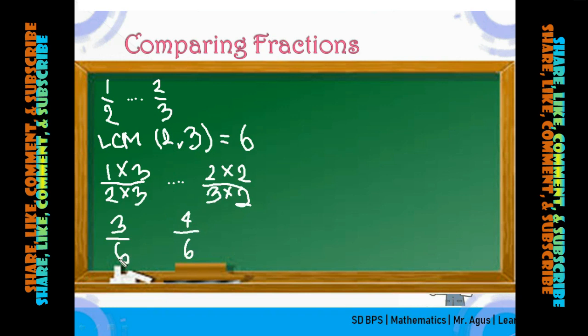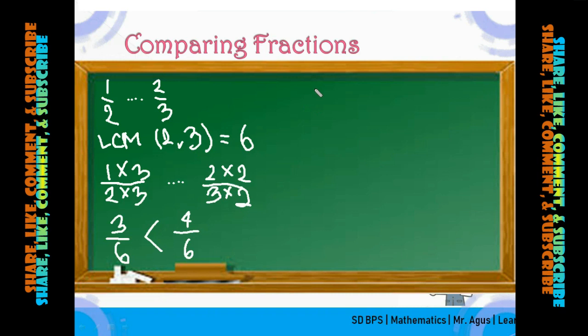We have like fraction in this case. So if you get like fraction like this, you have to compare the numerator only, because the denominator already same. Compare 3 and 4. Which one greater? Yes, the greater is 4. So, the symbol that complete this fraction is like this.